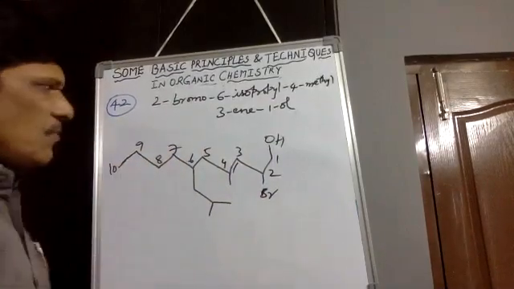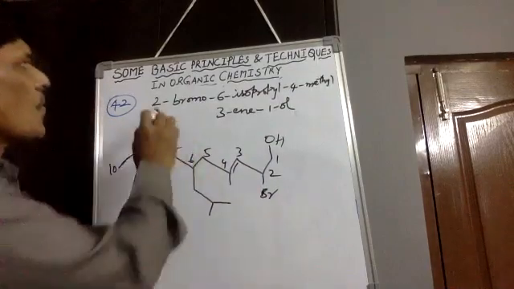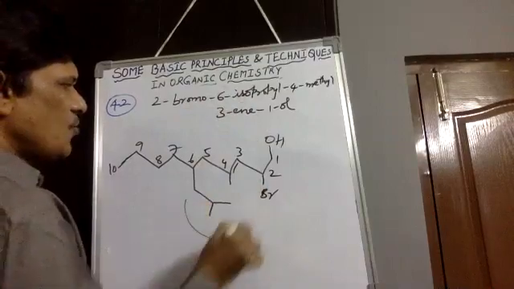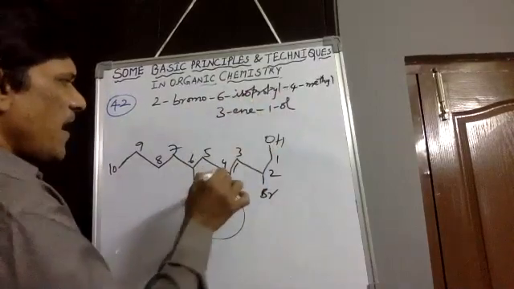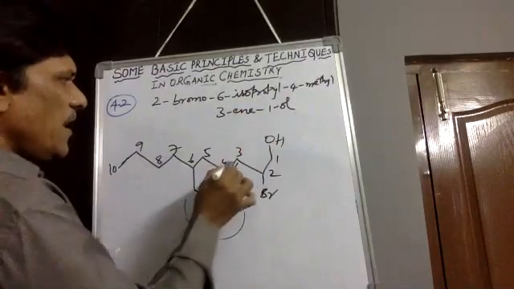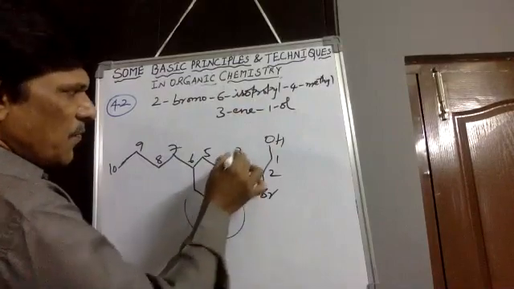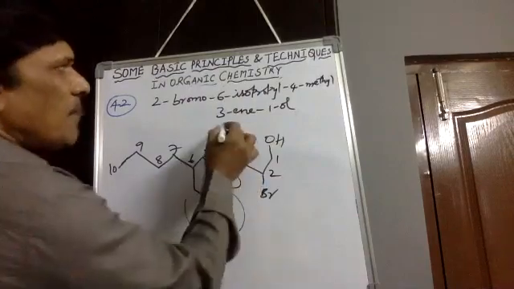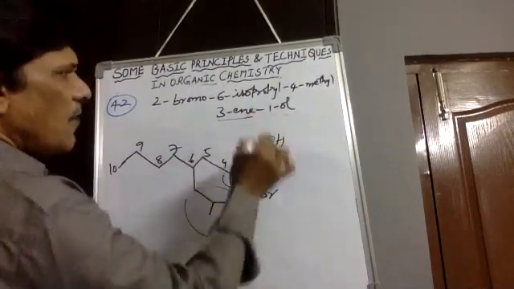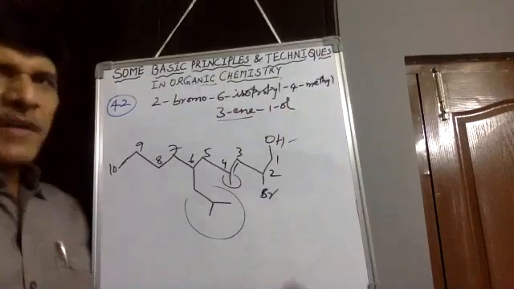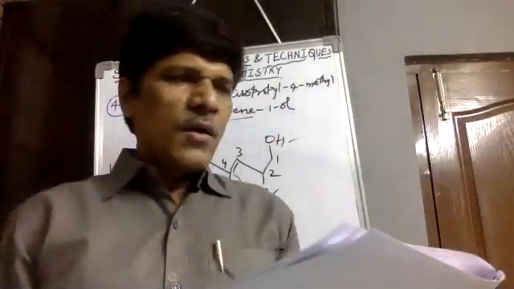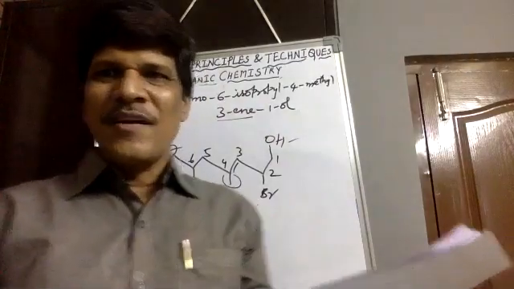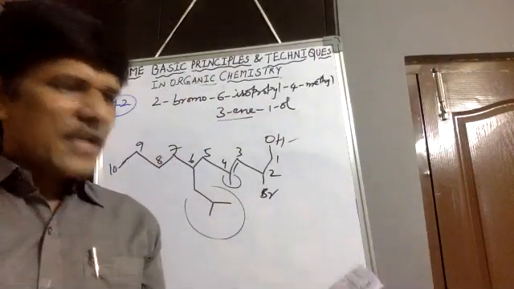In the given compound, they give 2-bromo, second position bromo, 6-isopropyl, this is the isopropyl group, 4-methyl, this is the methyl group, 3-en. Therefore, for the third and fourth carbon, the least number is given to the bond, so we take 3-en and 1-ol. That is, the first position is occupied with the OH. Therefore, 1-ol means alcohol. Therefore, for 42, the answer exactly suits the given name and its structure.